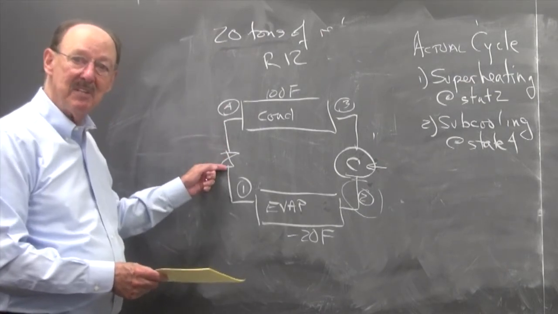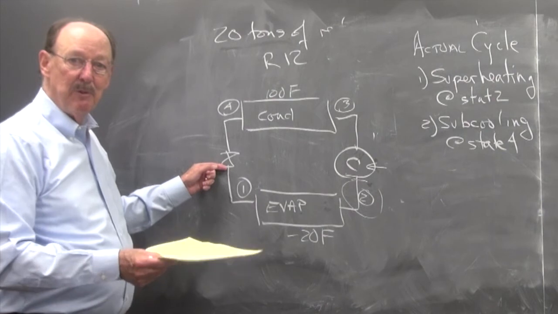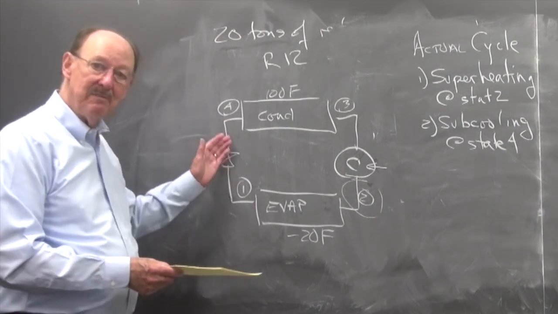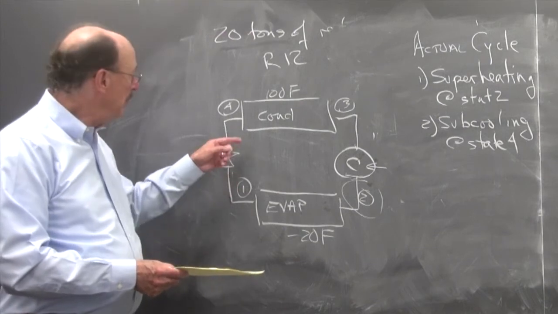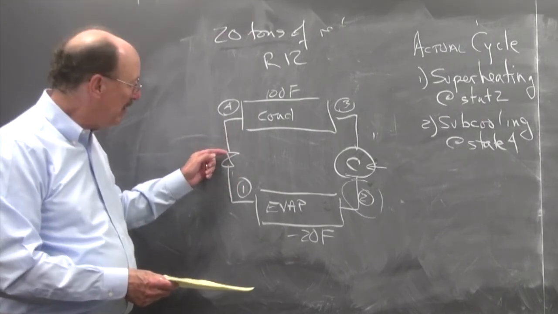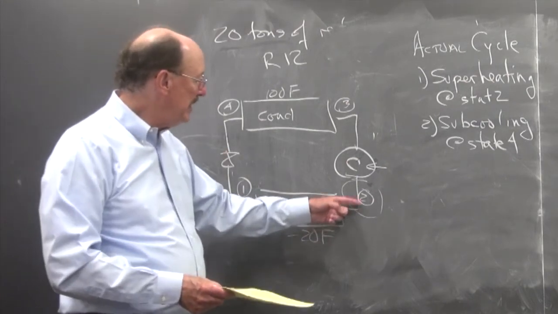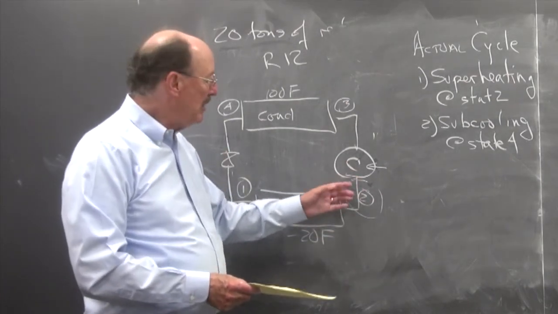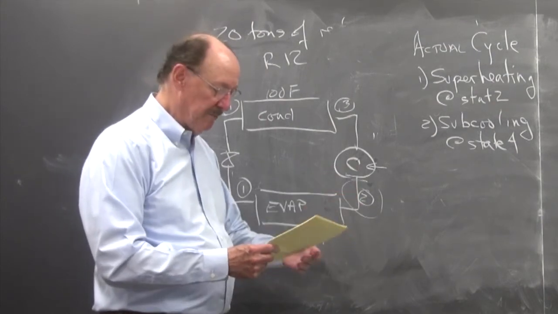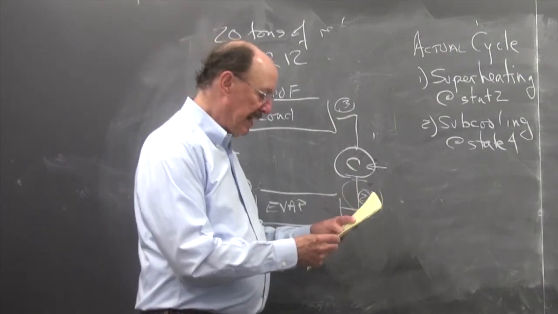If that happens, then the fluid volume increases by about 1,000, and so then you don't get any flow rate through the valve. So we want to make sure there's subcooling going in here, so we can't get any flashing before the valve, and we want to make sure there's superheating here so that we don't have any liquid droplets being pulled into the compressor.